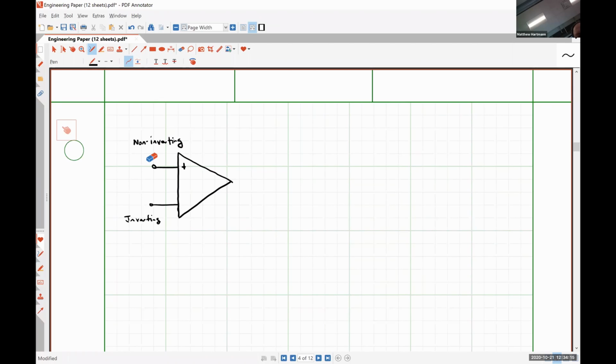Input, here's our minus sign. Input. So these are the three terminals of an op amp that we concern ourselves with.